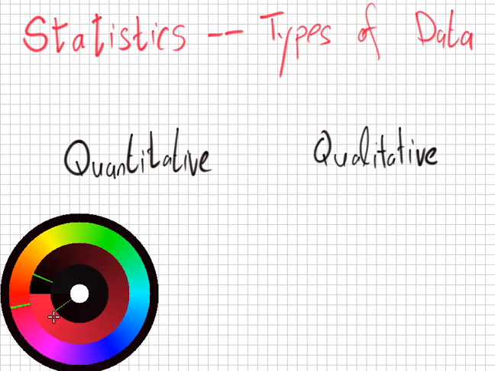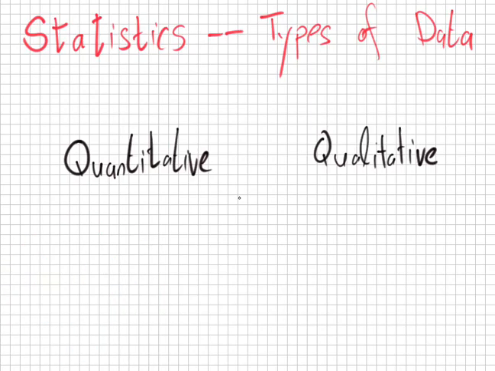And just so you know, for your vocabulary, quantitative is also known as numerical. So it has the same meaning. And qualitative is also known as categorical.